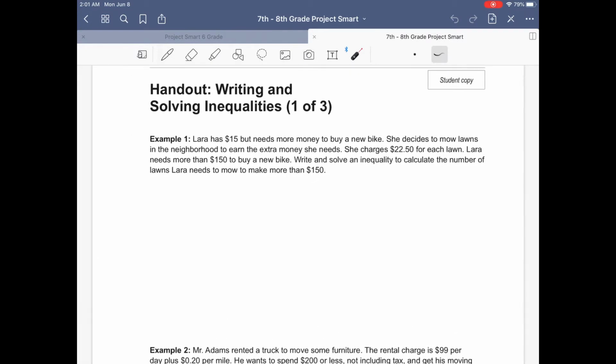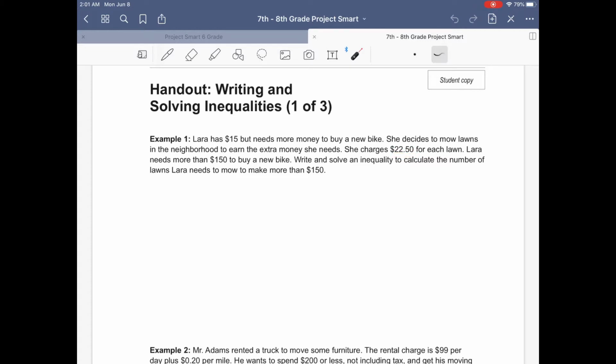So here it says Laura has $15 but needs more money to buy a new bike. She decides to mow more lawns in her neighborhood to earn extra money. She charges $22.50 for each lawn.